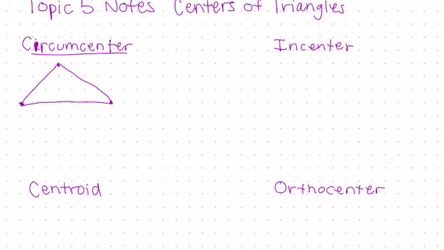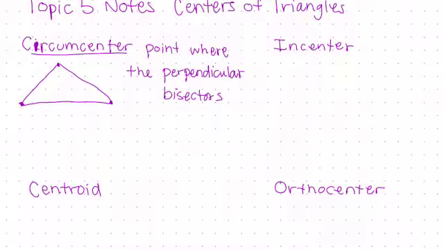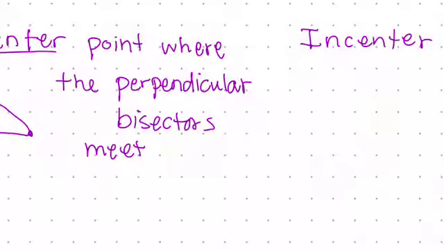The circumcenter is the point where the perpendicular bisectors meet. What that means: perpendicular means they cross at right angles. Bisectors means that they split the section exactly in half. And then meet is like the intersection.